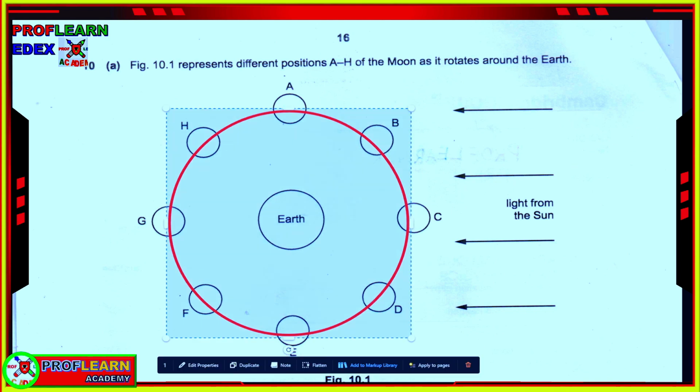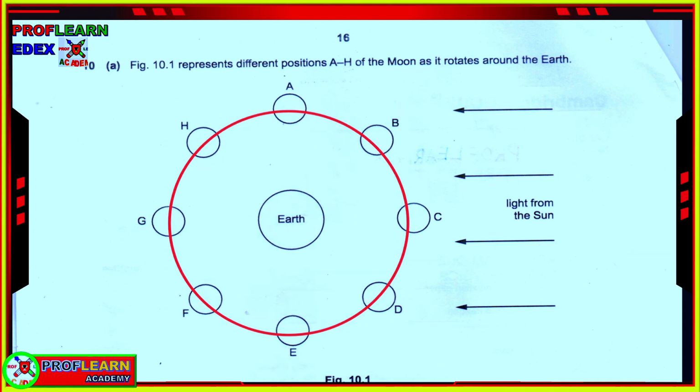As the moon moves around the earth, half of the moon will be facing the sun. This section here will be dark because it's facing away from the sun, because our sun is on this region here. So this part will be dark, the part that is facing away from the bright side of the moon.